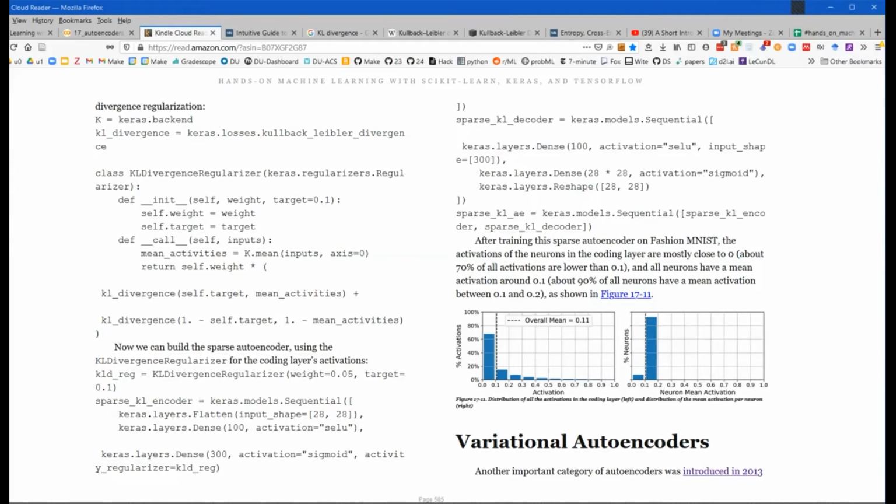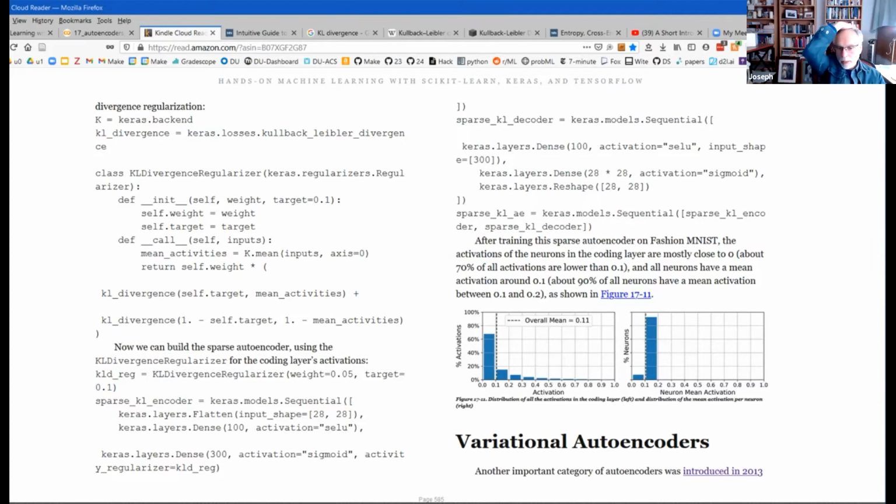So yeah, 200 neurons. And then it goes on to say, and all neurons have a mean activation around 0.1. So I assume that all neurons means the rest of the network, including this layer. I guess I have a problem with that because we've only normalized the activations for the codings layer.